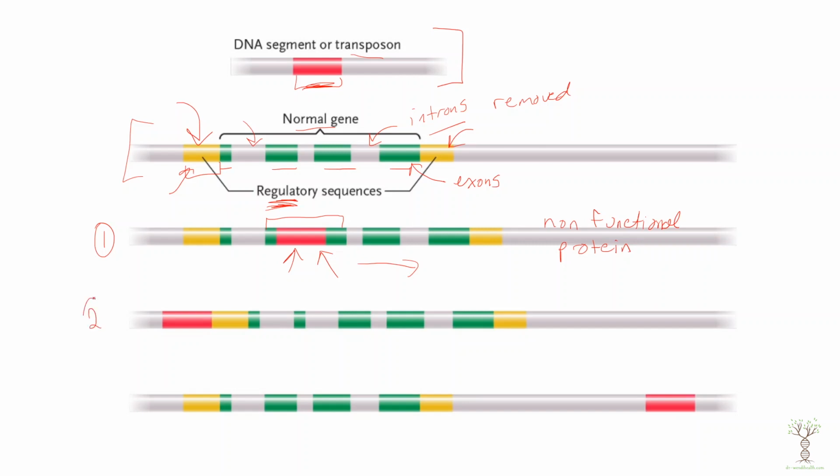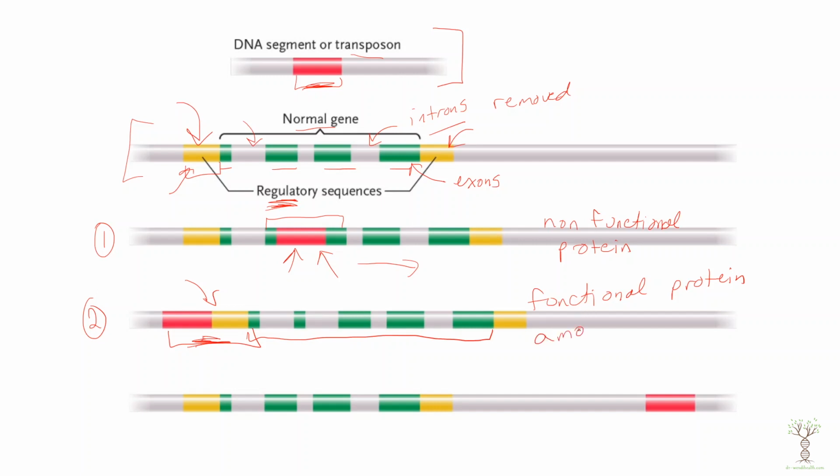Over here, scenario number 2, this transposable element can insert into the regulatory region. So this means now the amount or the timing of expression of this gene is now going to be wrong. The protein sequence itself is not mutated, so the protein will be functional, but the regulation of the protein will be wrong.